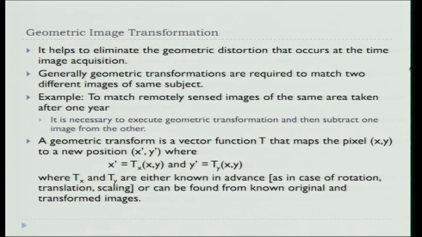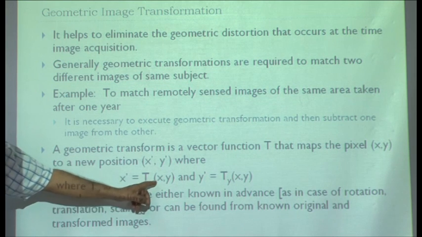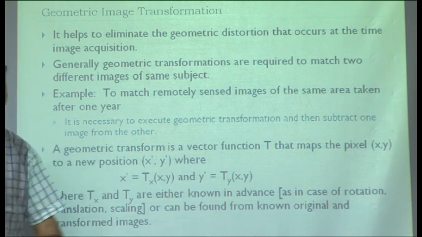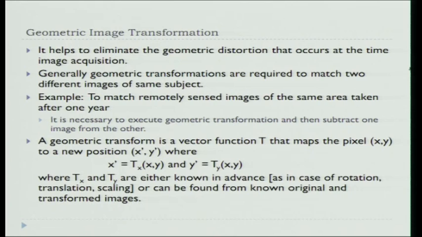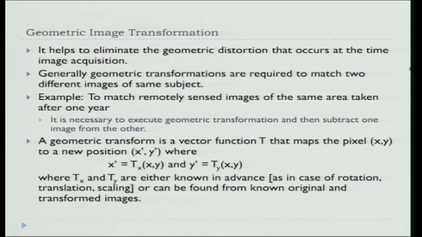So, the geometric transform is a vector function T that maps the pixel (x,y) of the original image to (x',y') of the output image. So, x' is represented by Tx(x,y), where Tx is some transformation with respect to x, and y' equals Ty(x,y), where Ty is some transformation along the y direction. These transformations are either known in advance. What it means?